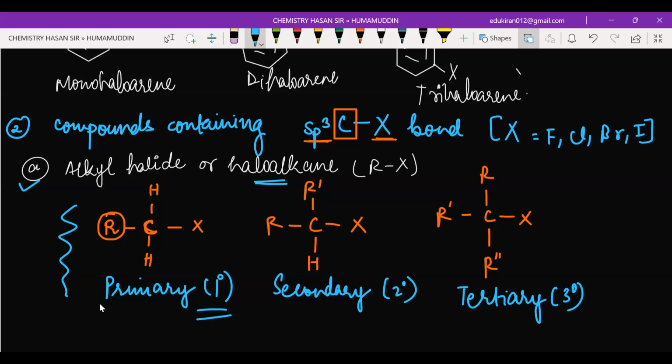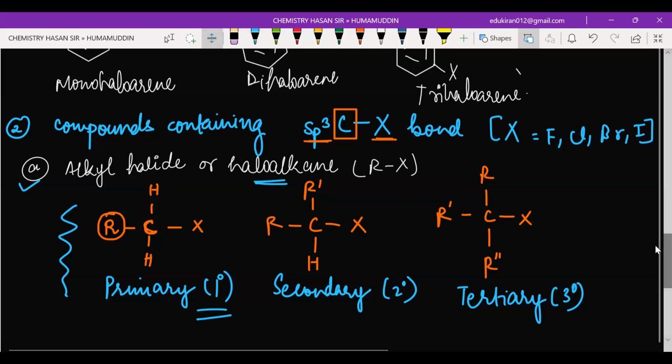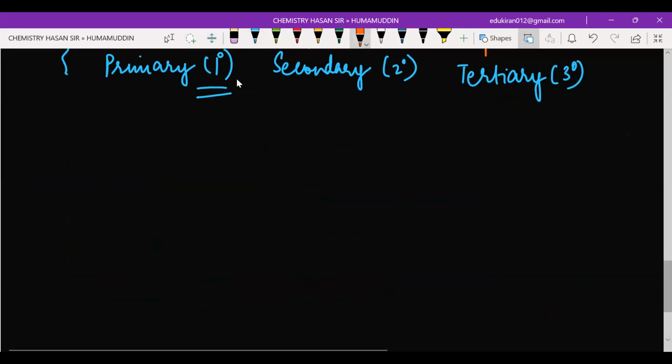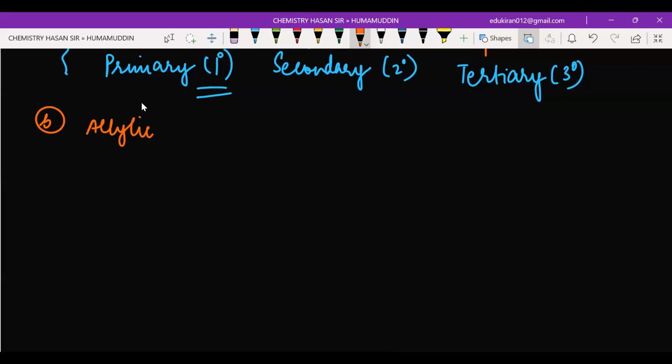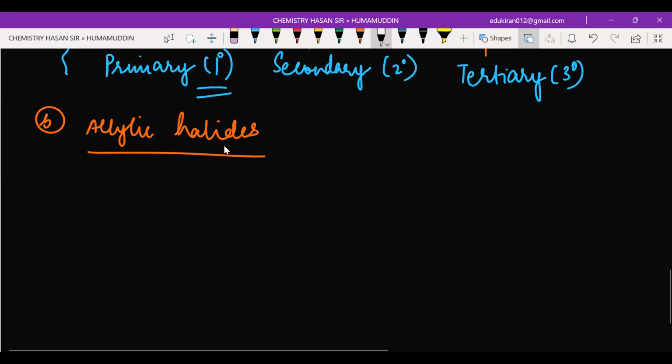Okay. Now the second classification on the basis of this, the B part, is your allylic halides. This is also part of sp3 C-X. That means the carbon to which X is connected should be sp3 hybridized. What does this mean?